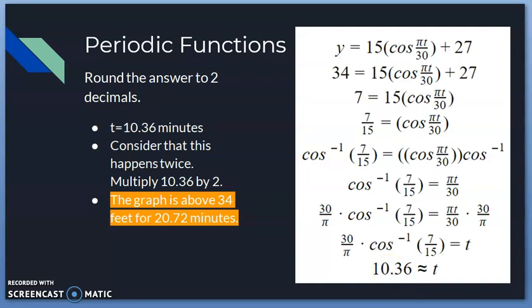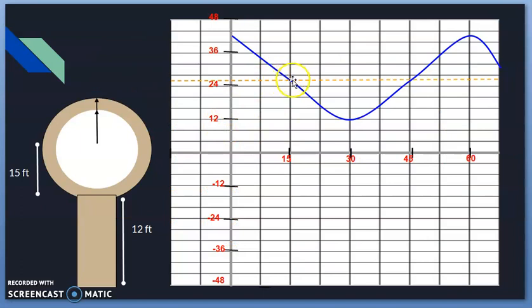Now, if we look back at the graph, this point here, when it's at around 27, that's at 15 minutes, but at 34, we could say that's around 10 or so.